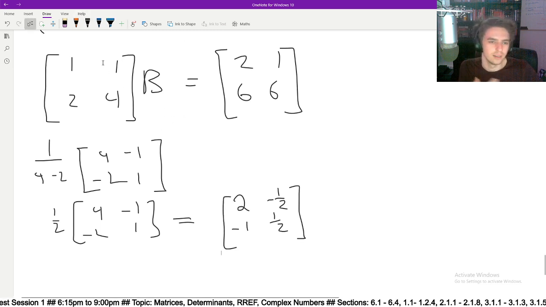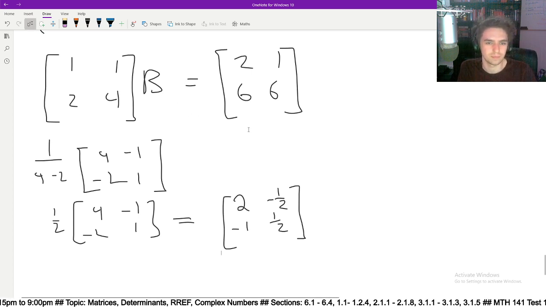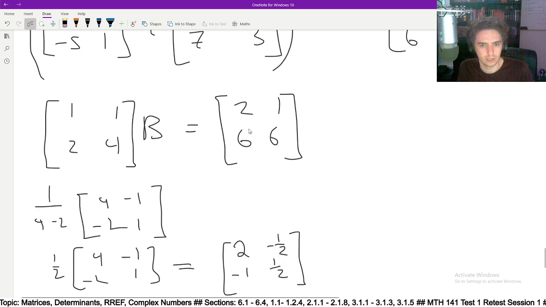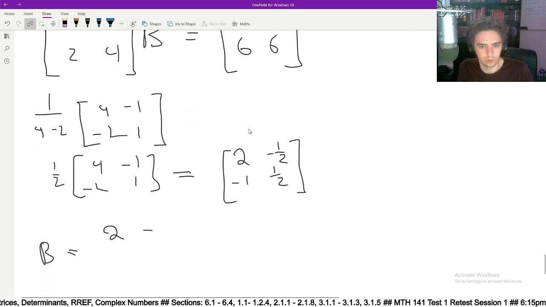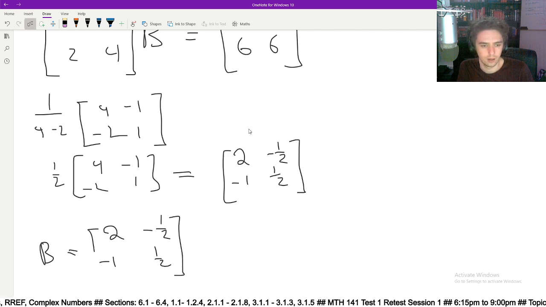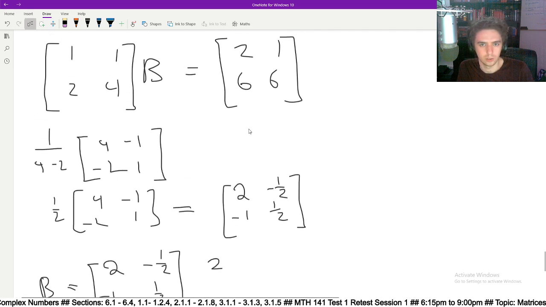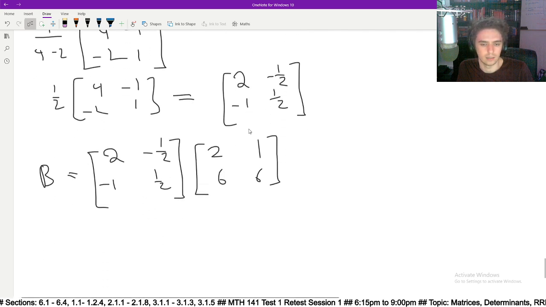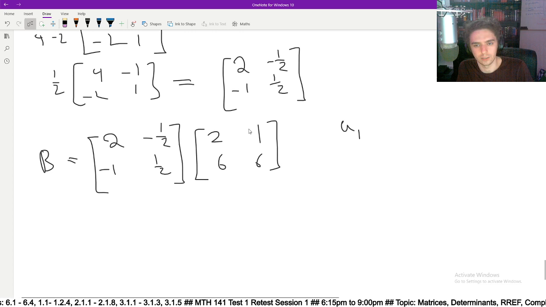So I'm going to left multiply both of them by that. Okay, so then B equals 2, minus 1/2, minus 1, 1 1/2, times 2, 1, 6, 6. Okay, so then my answer is going to have two columns.